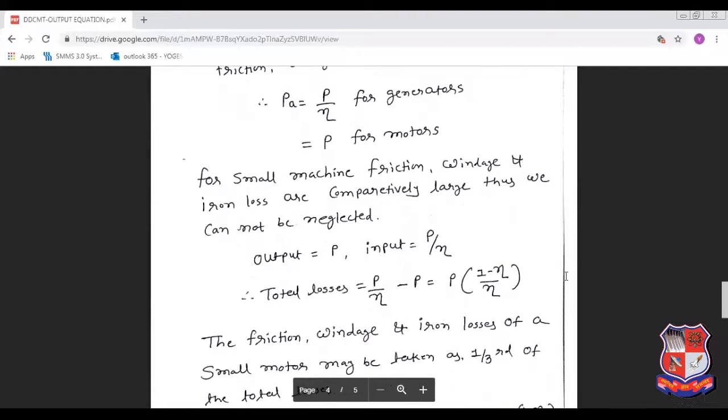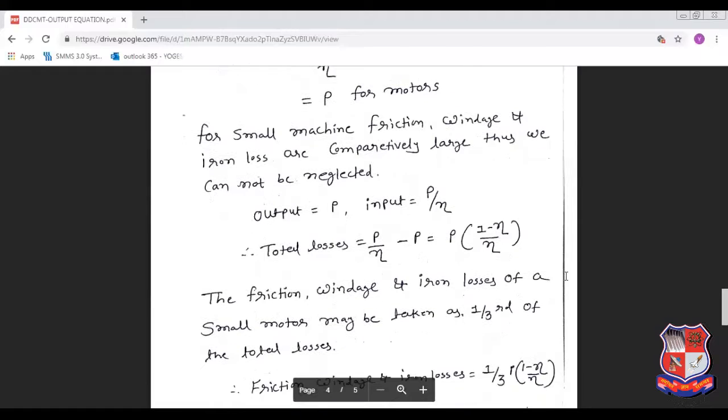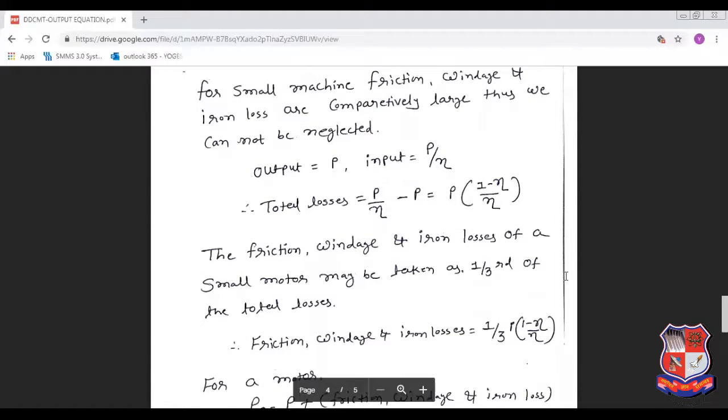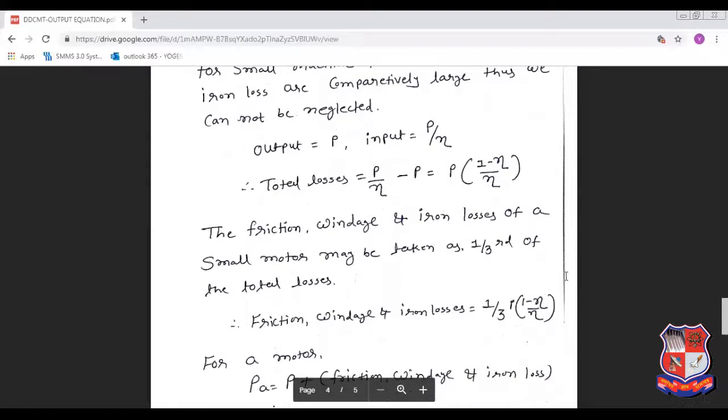Let output power be P and input power be output power divided by efficiency. So total loss is equal to input power minus output power, equal to P by efficiency minus P. Taking P common, total loss is equal to P in the bracket 1 minus efficiency divided by efficiency.